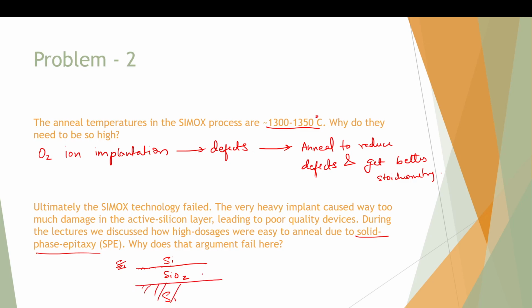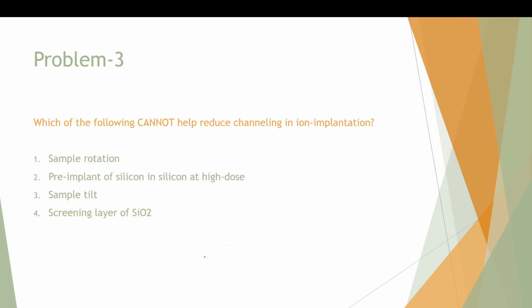However, there is an amorphous oxide barrier layer, because of which the top active layer silicon cannot undergo solid phase epitaxy during the annealing step. So we can't do much better here. We can't completely remove the defects in the active layer of silicon.